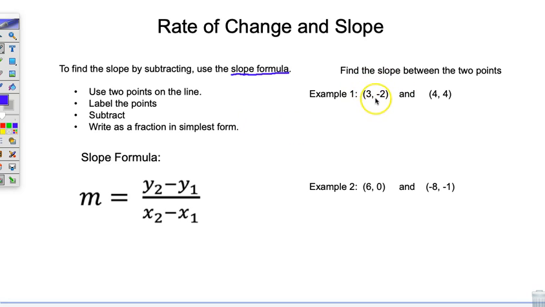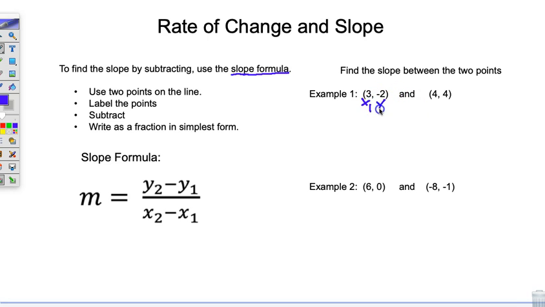So here you can see the 2 points that are listed as ordered pairs. We know that x and y, x and y. And since I have 2 of them, that's why we use these labels. So I'm going to go ahead, and you should always label these first. So this is my first x, so I'm going to call that x1.